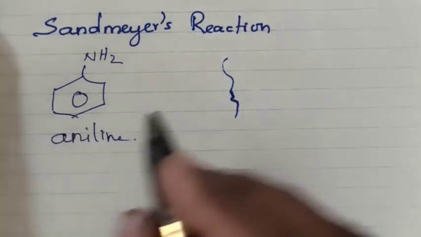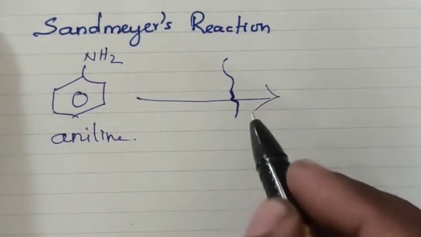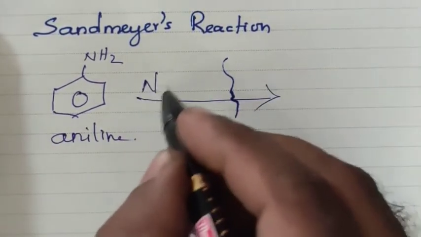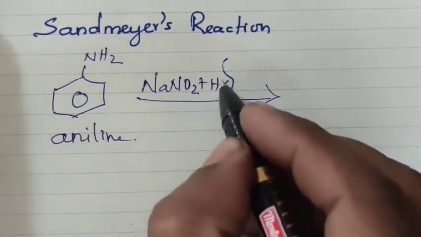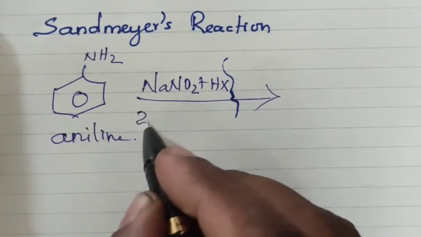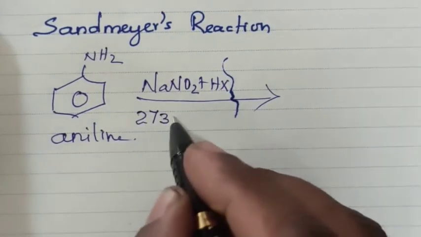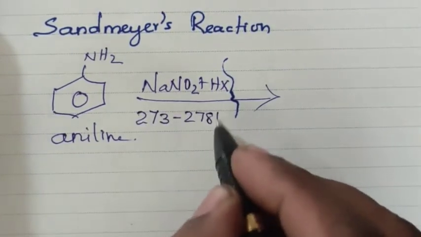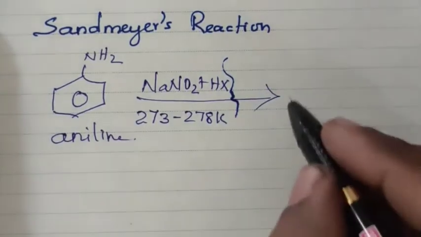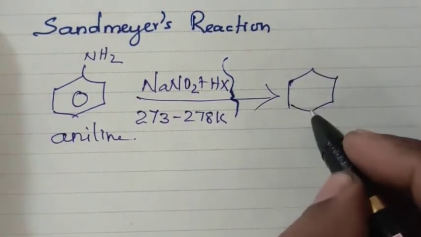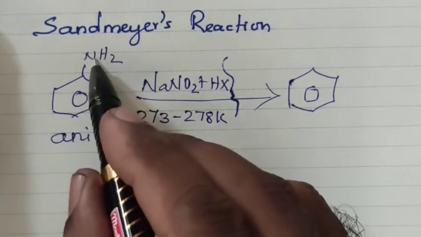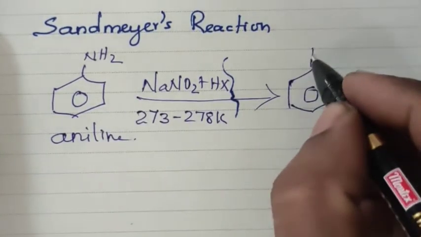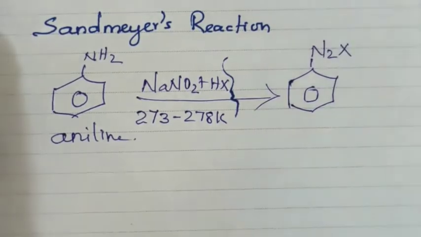When a primary aromatic amine is treated with NaNO2 in the presence of hydrogen halide at about 273 to 278 Kelvin, this NH2 group will be converted into N2X.